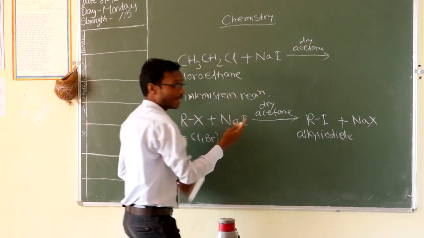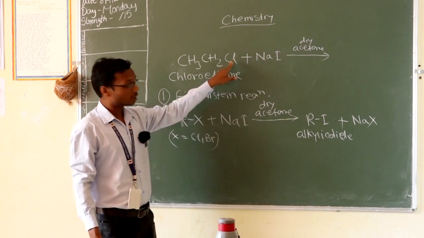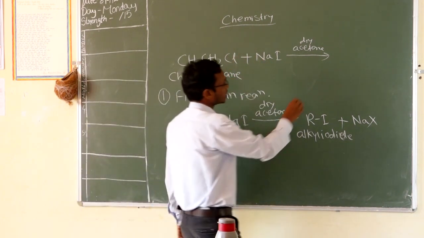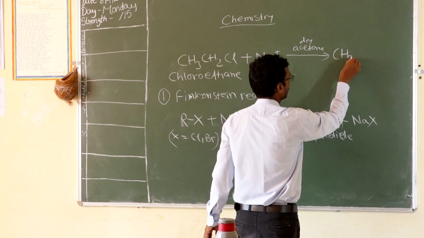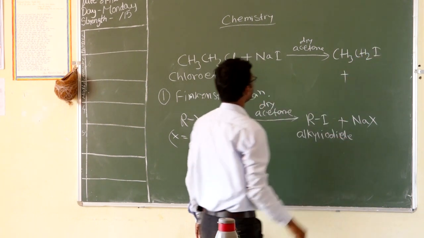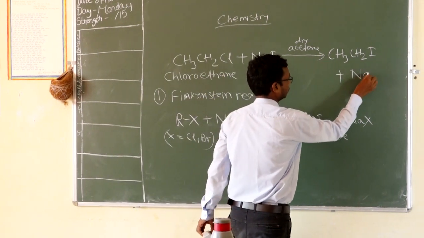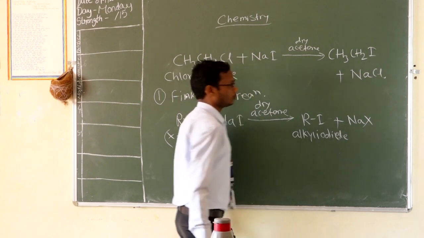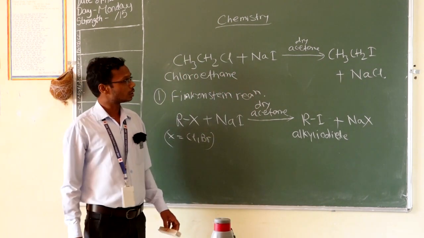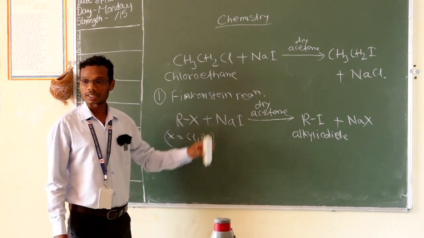Then halogen exchange takes place. Iodine exchanges with that chlorine and becomes CH3CH2I plus NaCl. Okay, this reaction is called halogen exchange reaction or specifically Finkelstein reaction.